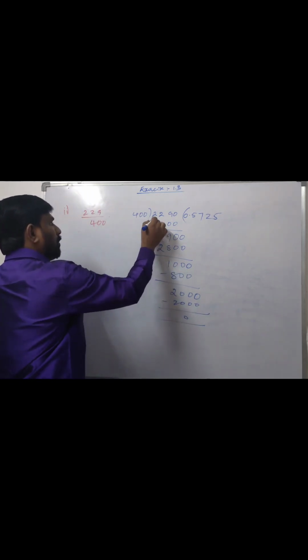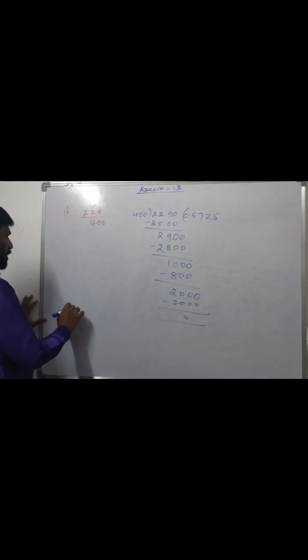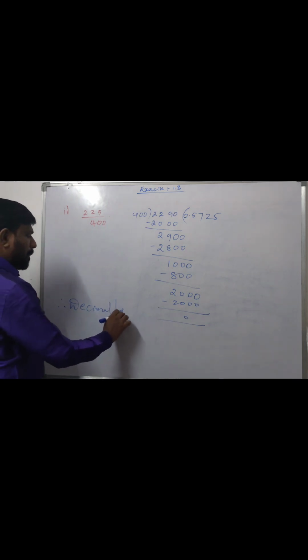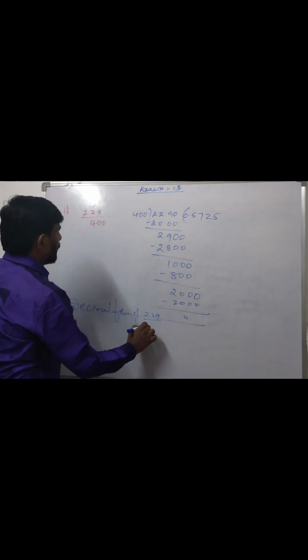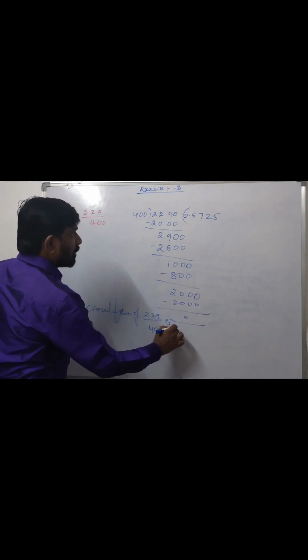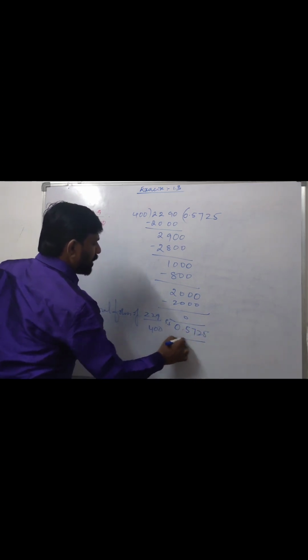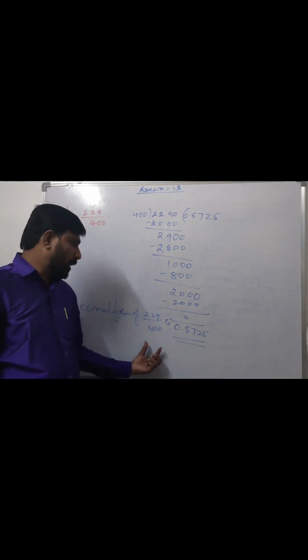These all are minus. So, therefore, the decimal form of 229 by 400 is 0.5725. 0.5725 is the decimal form of 229 by 400.